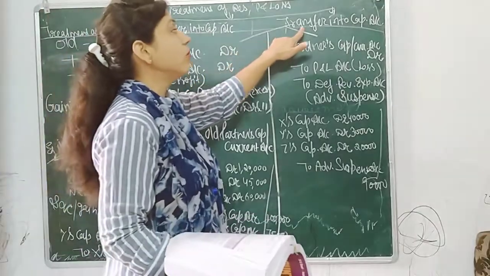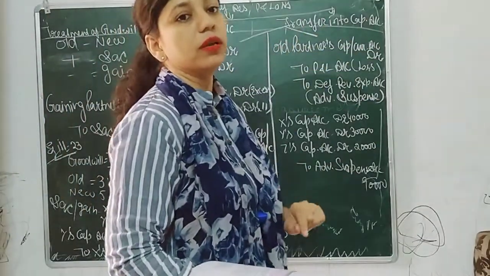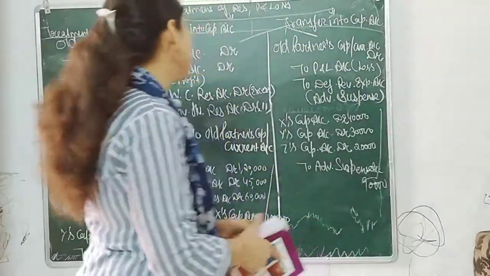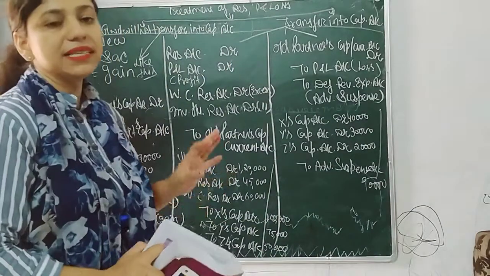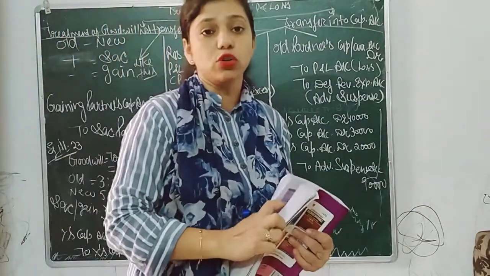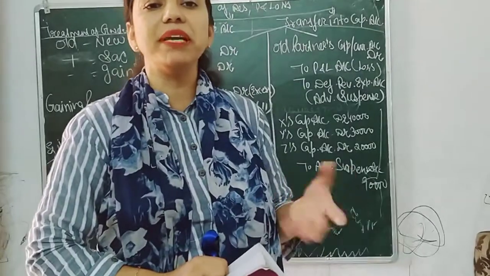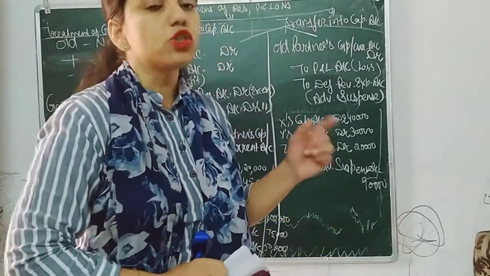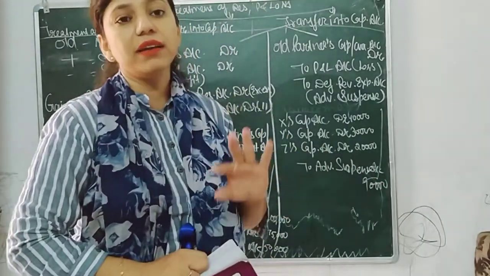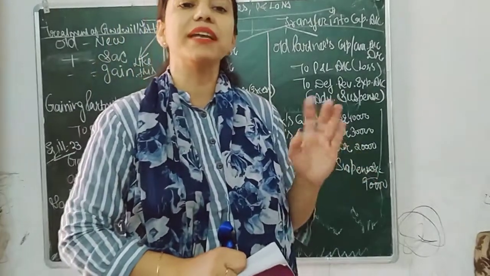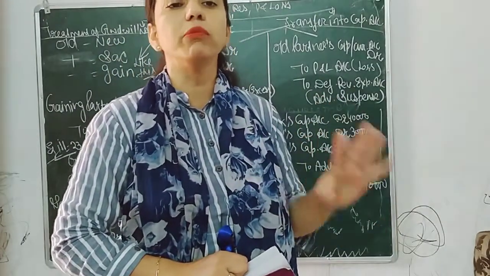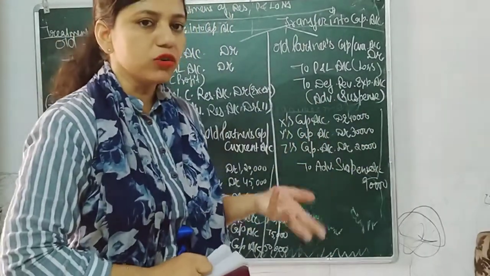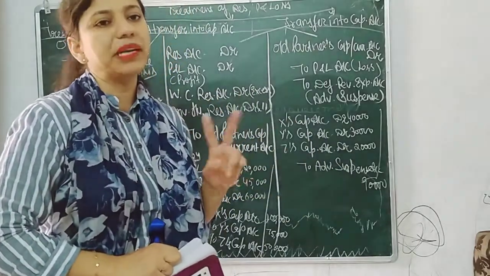But in case of transfer into capital account, what will be the entry? It's quite simple. As there is a change in profit sharing ratio, the old things will be divided in the old ratio. So whatever was previously credited, now we have to remove all that. In accounts only two things are there, debit and credit.